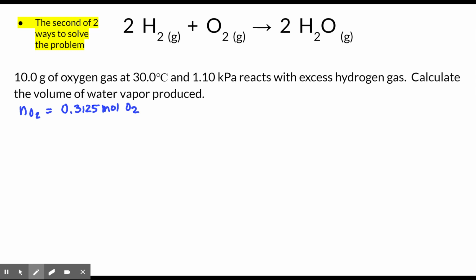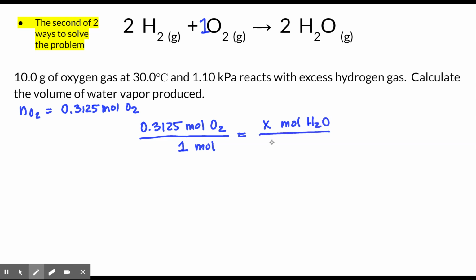From here, if you wanted to use the proportion method, 0.3125 moles of O2 divided by the coefficient of O2, which is 1, equals x moles of water, since we are trying to find the volume of water, divided by 2 moles of water, since that is the coefficient from the balanced equation for water.